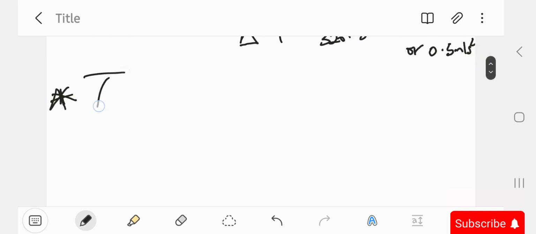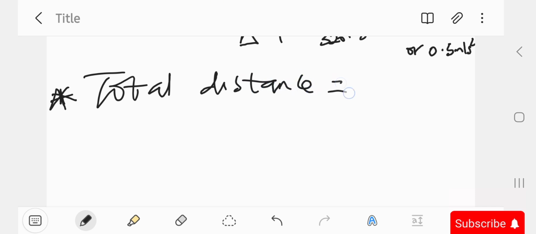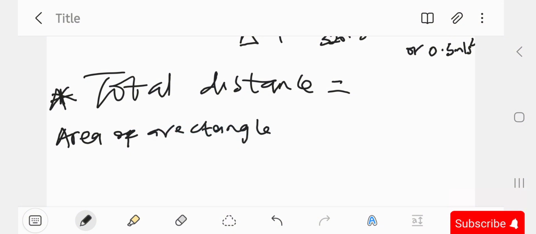The total distance is equal to the area of a rectangle first. The area of a rectangle, which is equal to length times width, which is 300 that we established multiplied by 15.